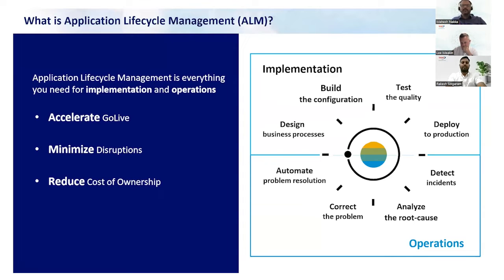It should minimize the number of tasks or the manual intervention in the tool, which helps them speed up and accelerate their transformations and go-lives, and helps minimize disruptions by continuously watching the solution and the application's health, etc. Also, they don't have to invest a huge amount in different tools when implementing or operating the solution. So it should help reduce the overall cost of ownership as well.